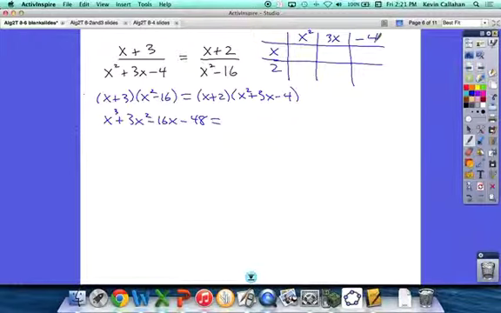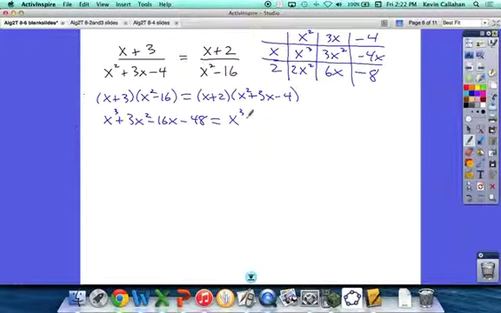So this will be x to the third, 3x squared, minus 4x. Then 2 times x squared, 2 times 3x, and 2 times negative 4. When you multiply 2 terms times 3 terms, you get 6 terms. Now some of them are like terms and you can combine: 2x squared plus 3x squared, 6x minus 4x. So when I combine all of that, it looks like this.